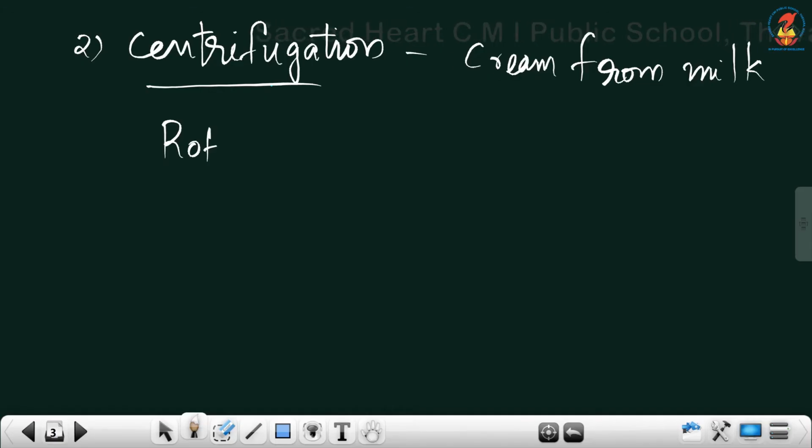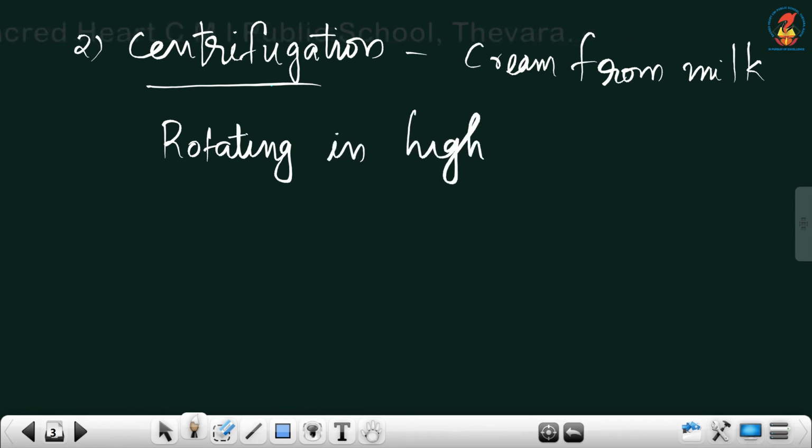Cream from milk is separated by this method. During this, what is happening? The components of a mixture are rotating at high speed. At that time, what is happening?